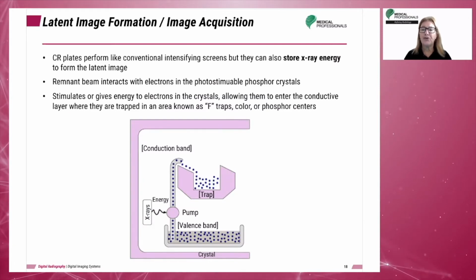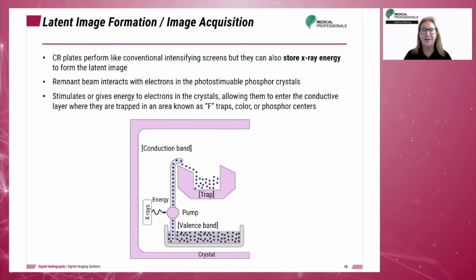During exposure of the IP, electrons within the phosphor crystals are moved from their normal energy level to a different energy level within the crystal. The steps of this process are as follows.